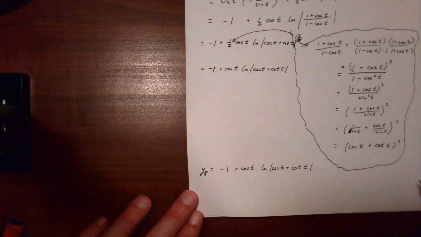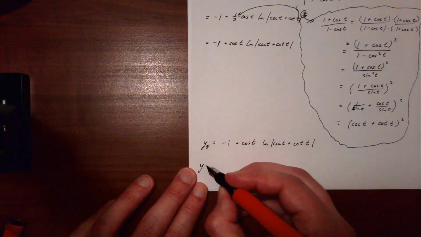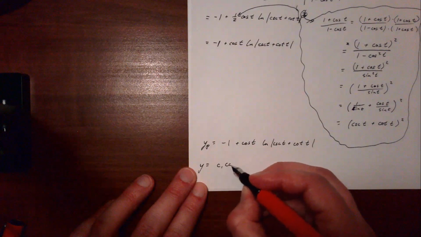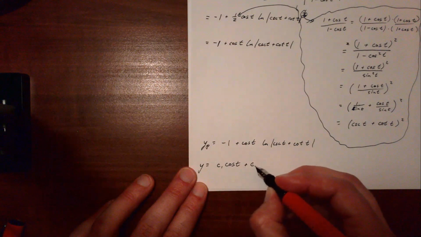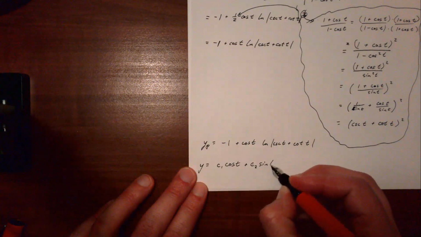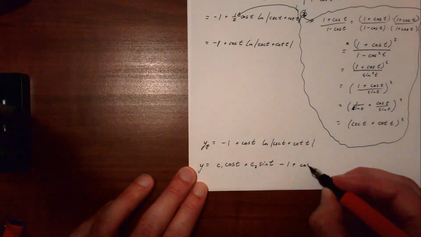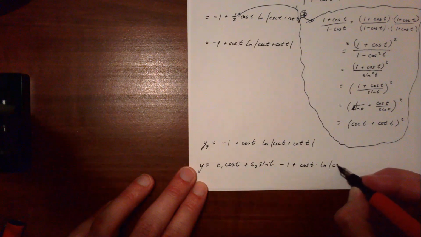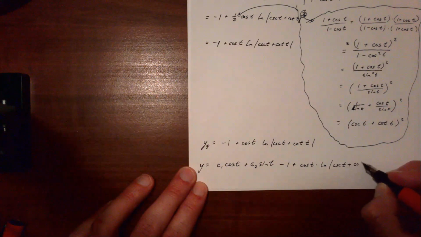But that also then gives us the full solution. y is equal to c1 cosine t plus c2 sine t minus 1 plus cosine t times the natural log of the absolute value of the cosecant of t plus cotangent of t.